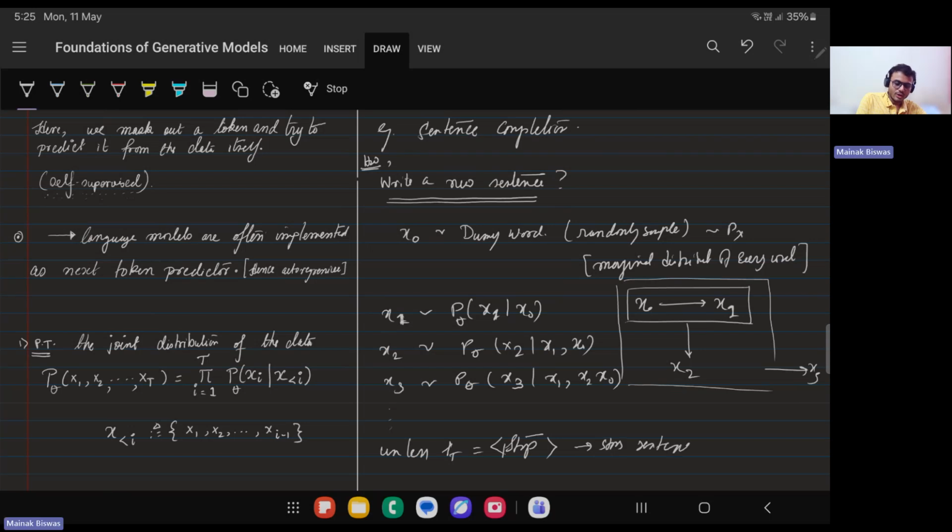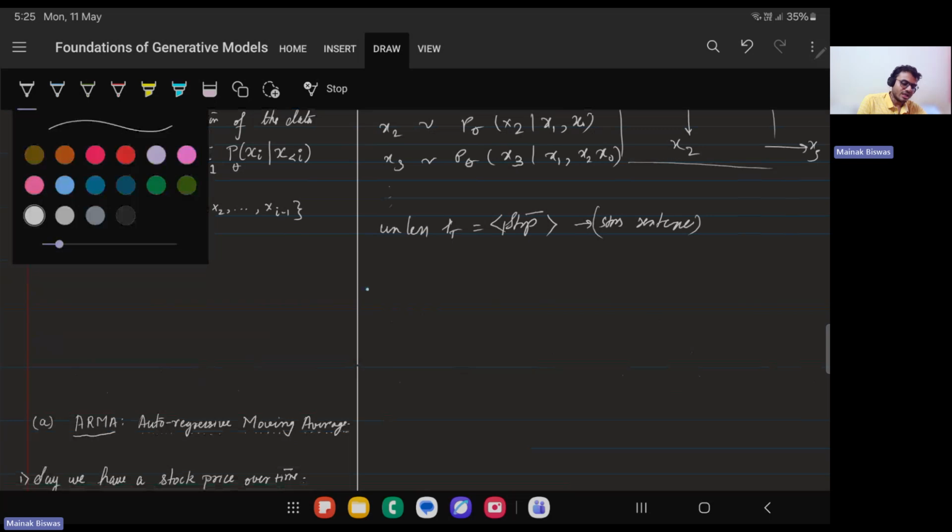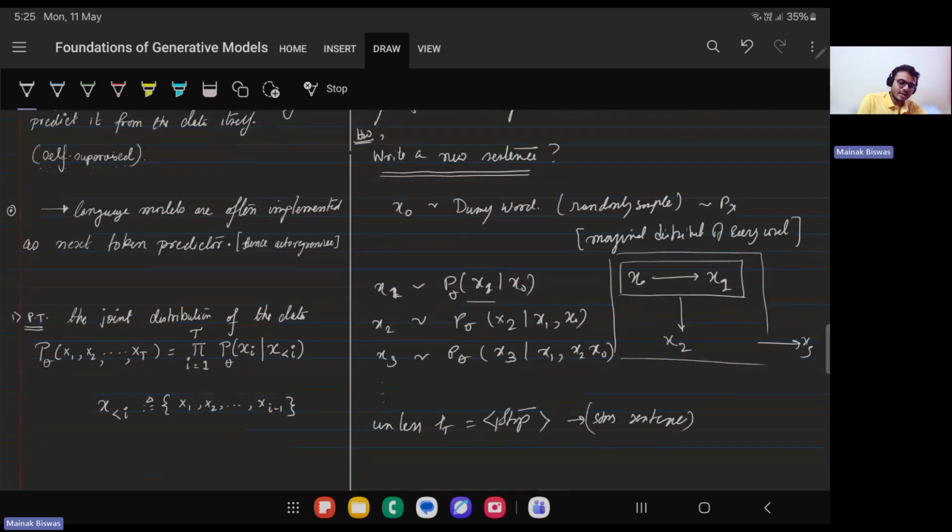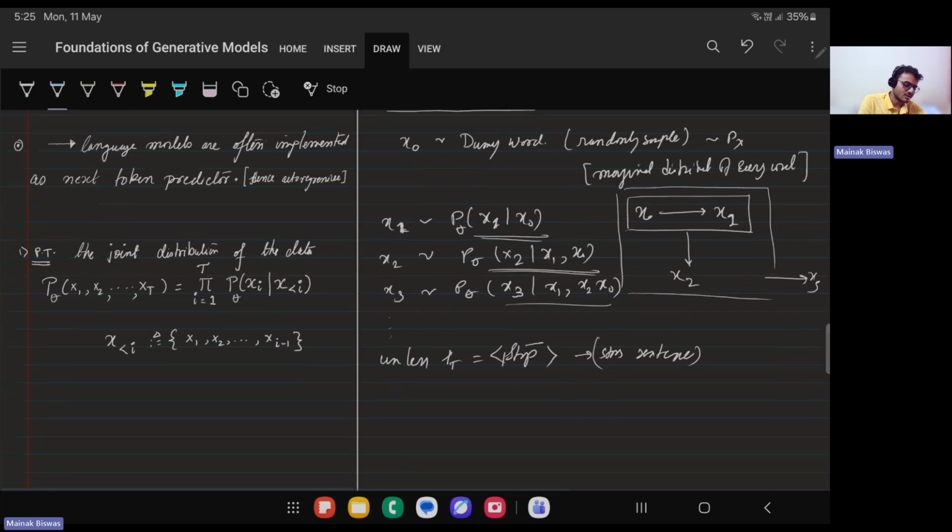So let's see how we will learn this model, the joint distribution of the data. Why can I do this? You can see that, given the past, the current output is independent of everything else.